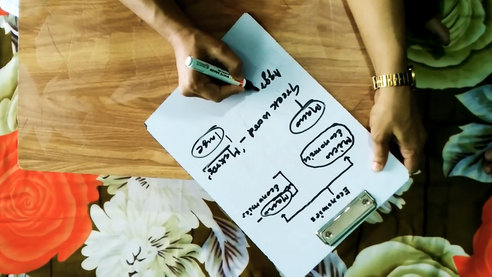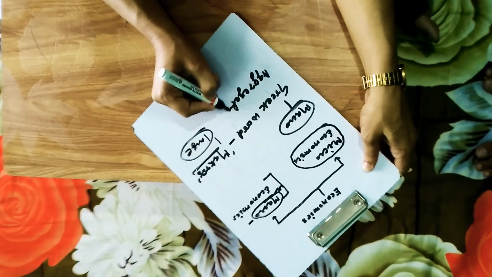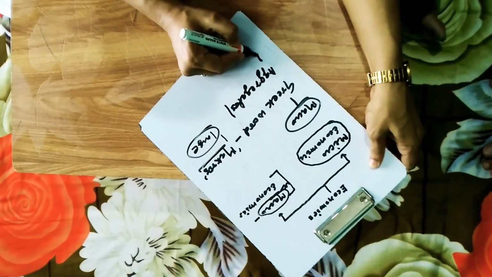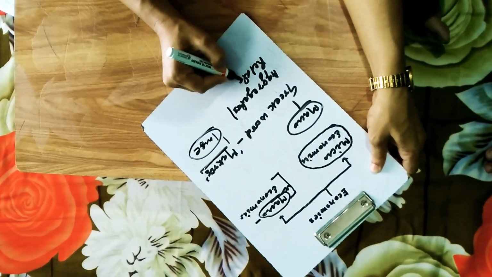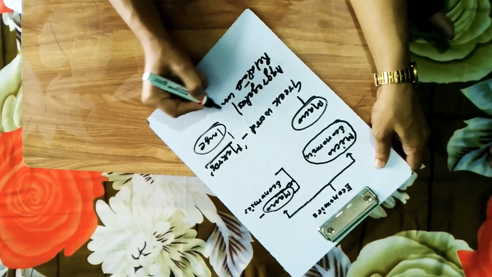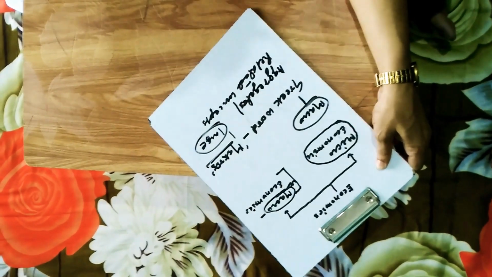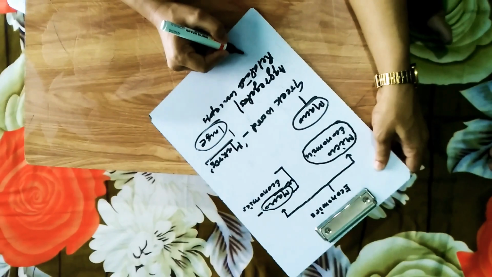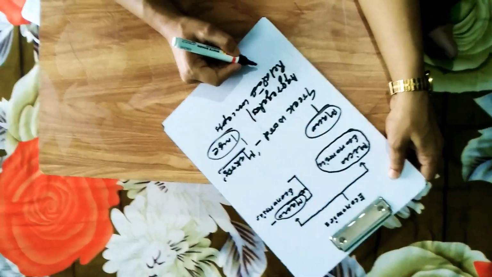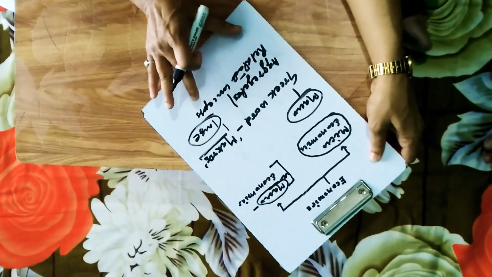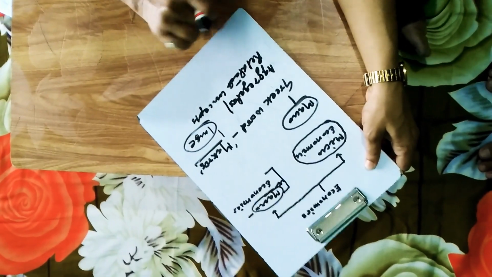What we call it? Aggregates. You may call it a related concept. The same thing at the level of 11th, we called it microeconomic variables. Here we call it macroeconomic aggregates.